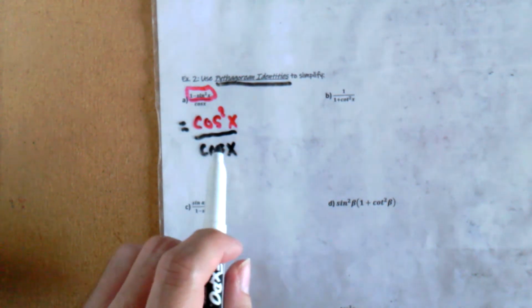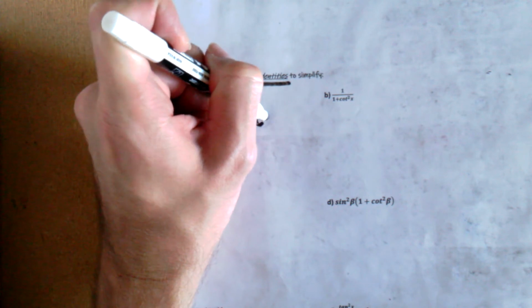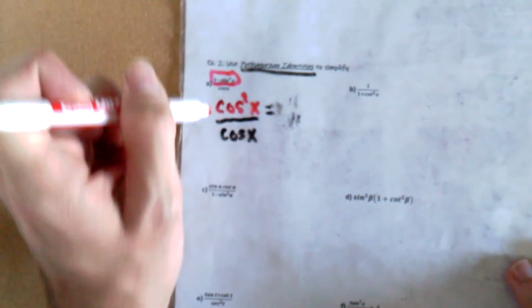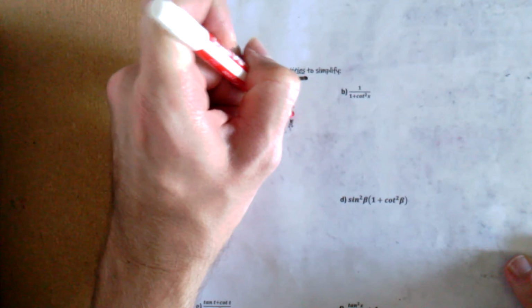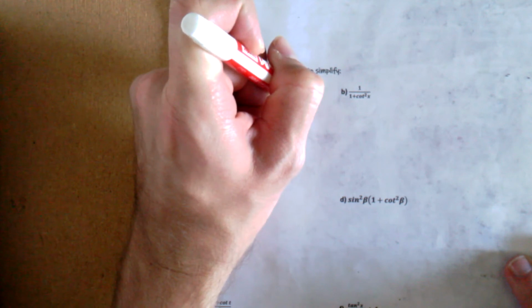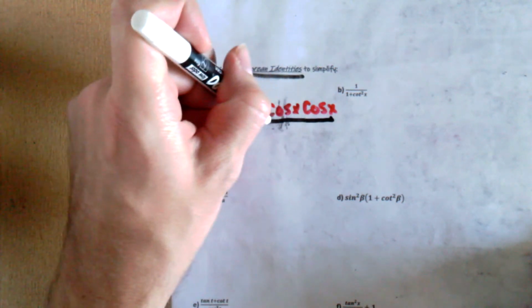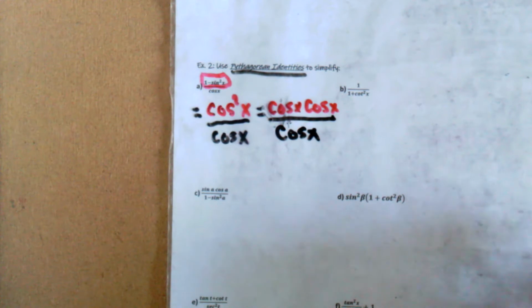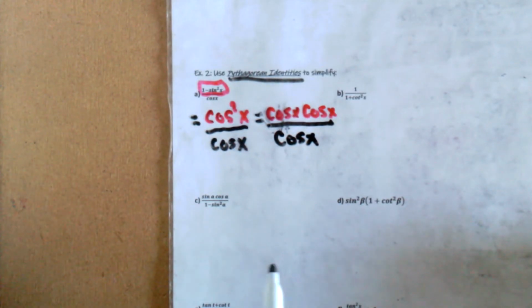Remember that cosine squared is the same thing as cosine times cosine, and that's divided by cosine. Now, does anything cancel out?